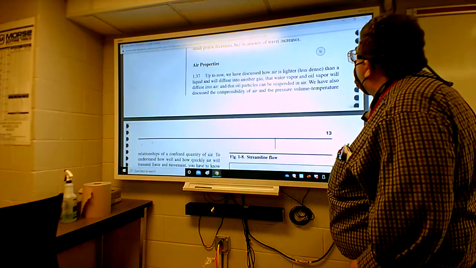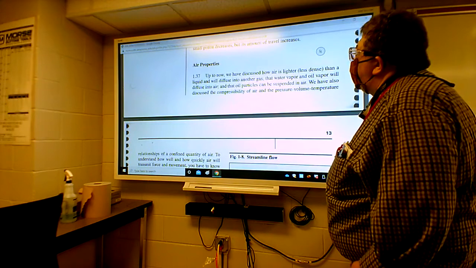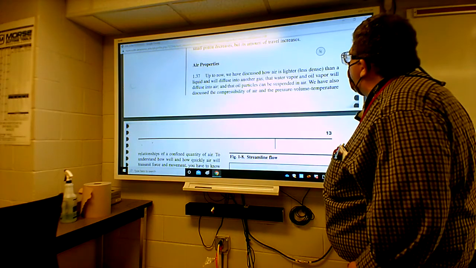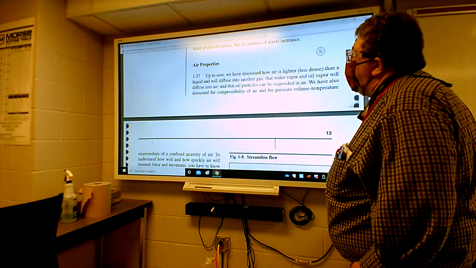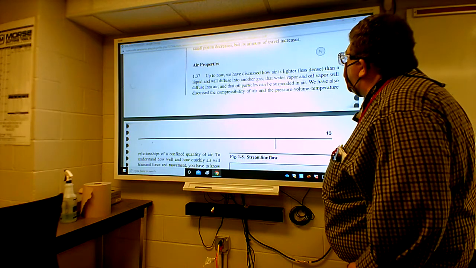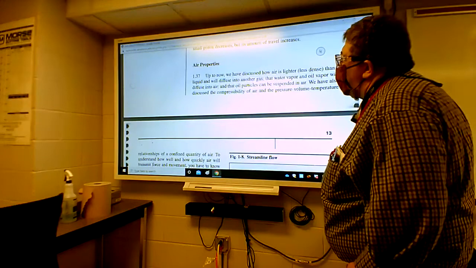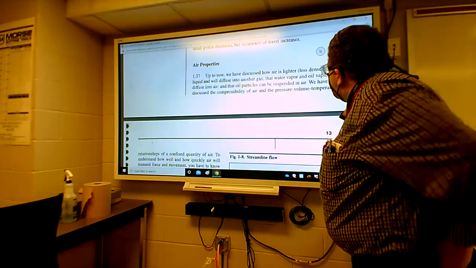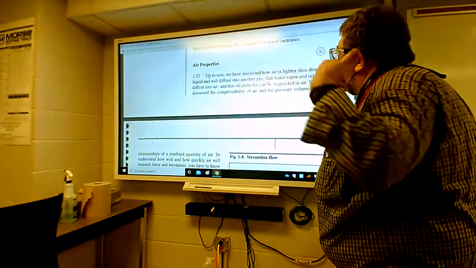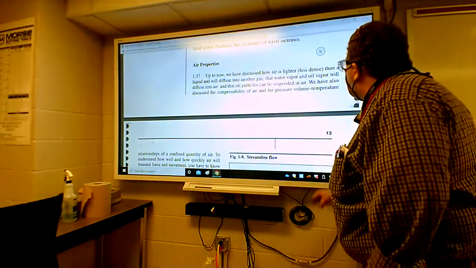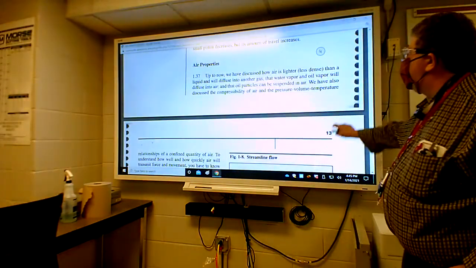Air is lighter, less dense than a liquid, and it will diffuse into another gas, and water vapor and oil vapor will diffuse into air. Oil particles can be suspended in air. We know that oil does travel from a compressor into air through the pipelines. A little bit of it does.